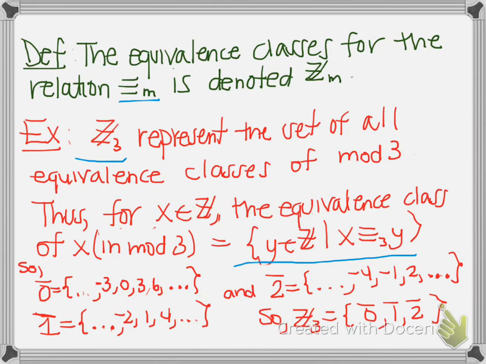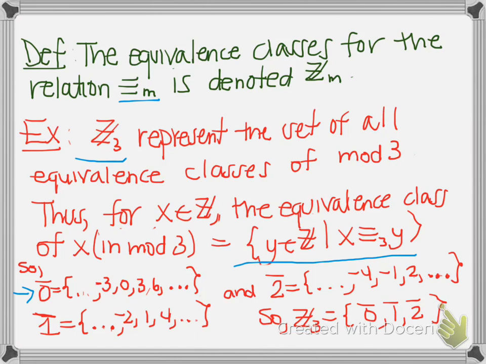For equivalence classes, as we talked about in class, either they are equal or disjoint, so keep that in mind. The equivalence class of 0 is the set of elements starting from negative 3, 0, 3, 6, and so on.